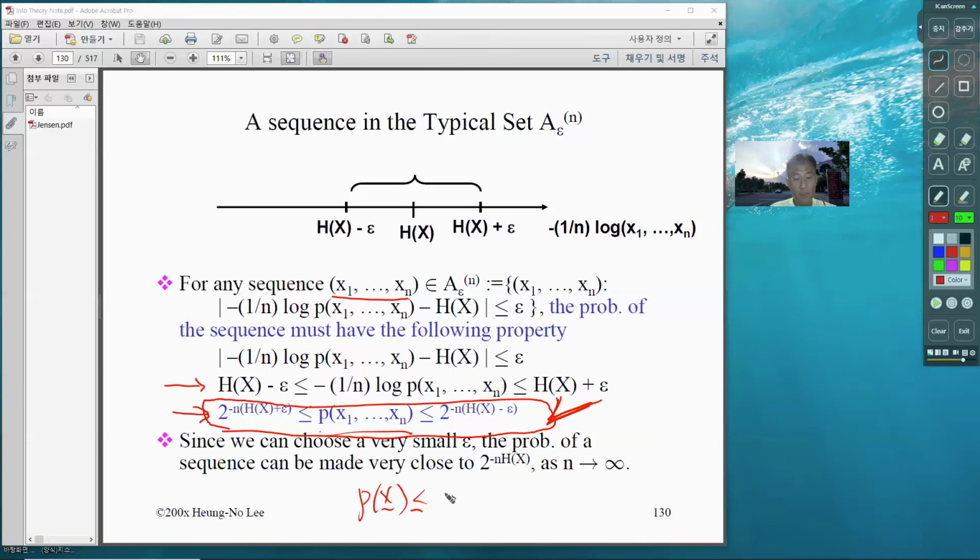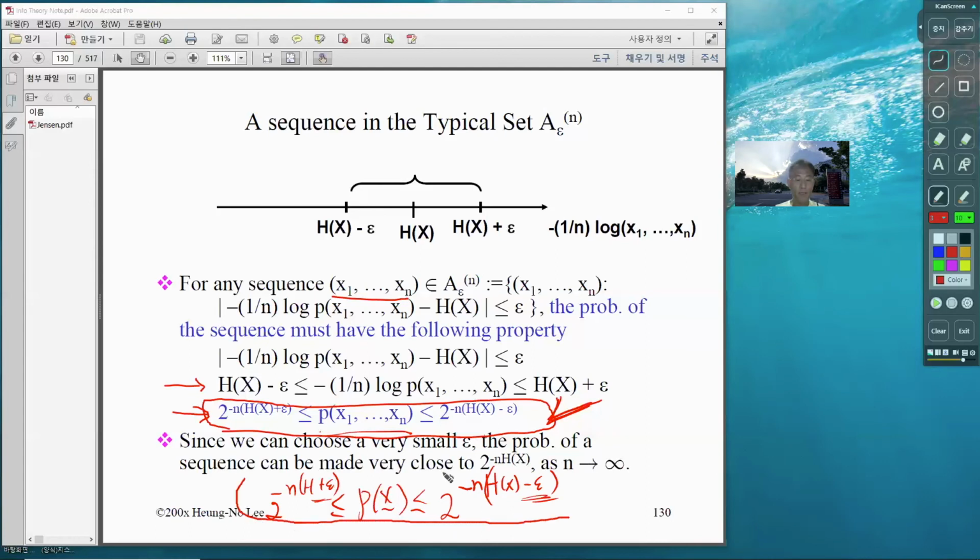That should be upper bounded by this, and lower bounded by this. In terms of the exponent, the upper bound has a minus sign for the epsilon, and the plus sign is the lower bound.